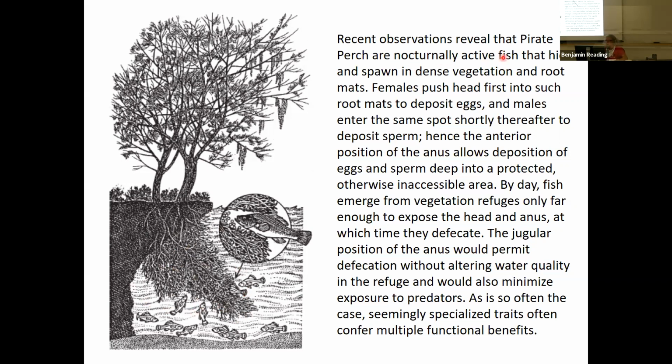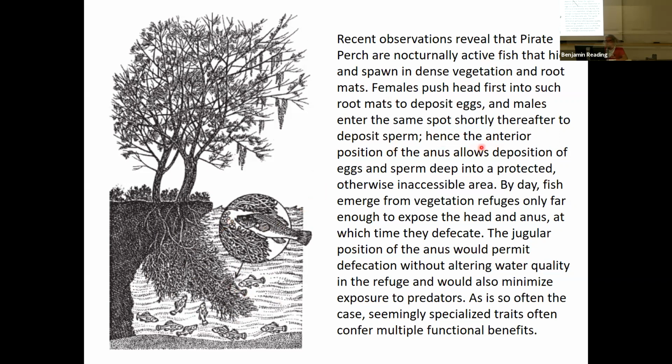They're nocturnally active. They hide and spawn in dense vegetation in these root mats. The female, for instance, will stick her head into a root mass here and release eggs in there, and then come out, and then the male will come in and fertilize those eggs.